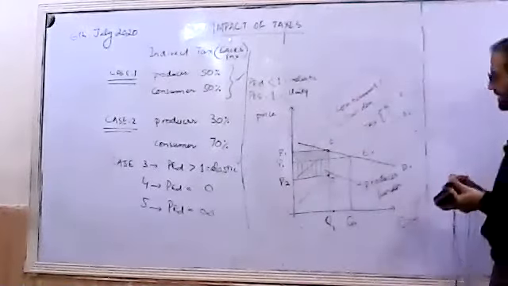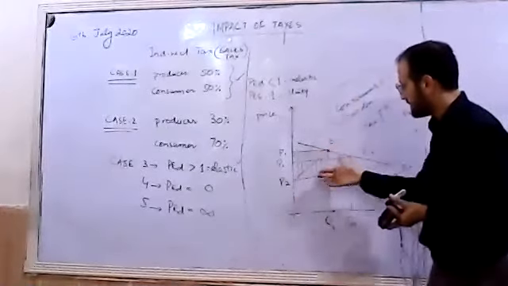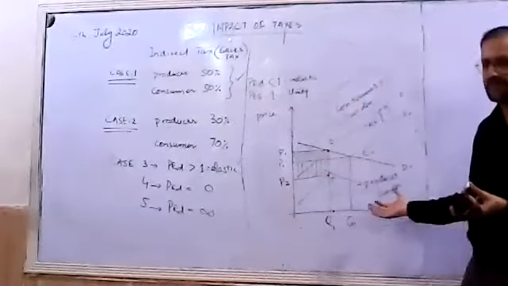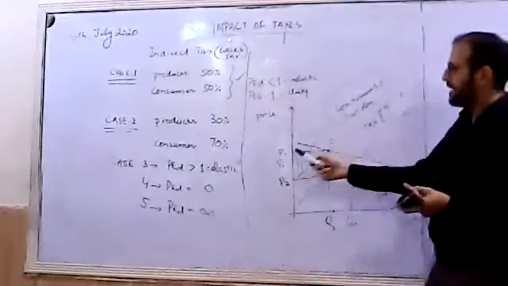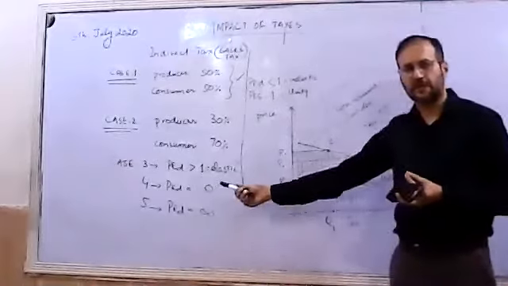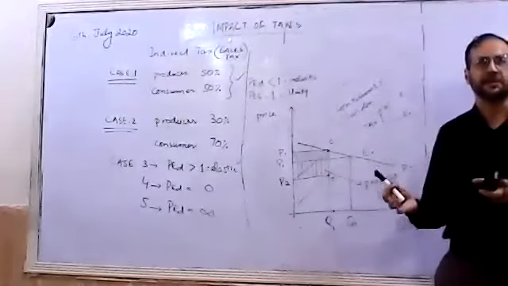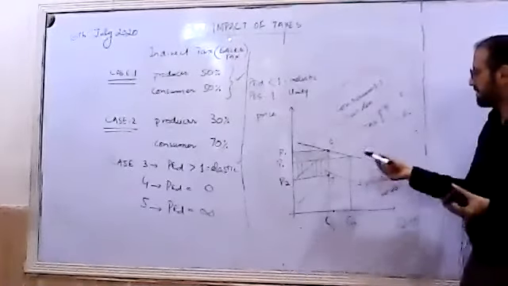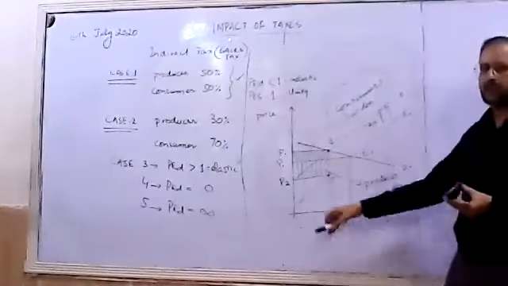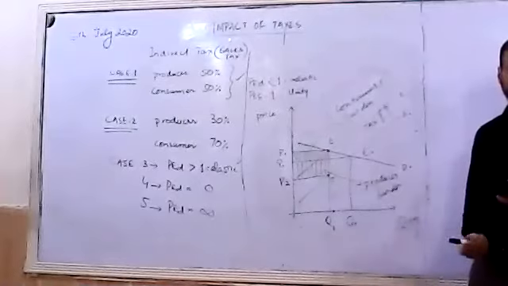We see that the consumer's burden is lesser than the producers'. So it means that when the value of elasticity is increasing, or let's say if it's turning elastic, it is definitely very clear that in that shape, the producers are going to pay more taxes.